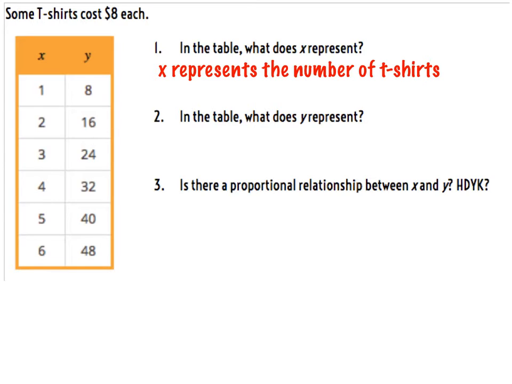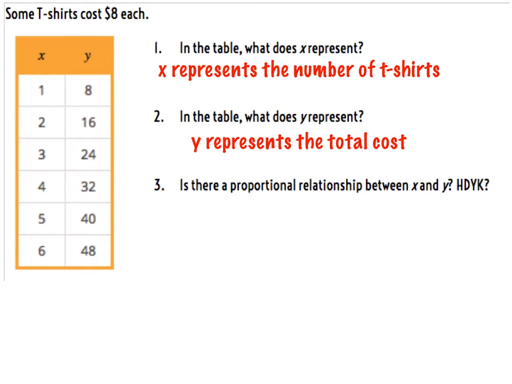Y then represents the cost of those t-shirts, and it's not the cost of each t-shirt, and I wouldn't want you to say just the cost either. We would want to think about the total cost of however many t-shirts you're getting, because one shirt costs $8, but if you go down to 2 shirts, that's total going to cost $16, so on and so forth.